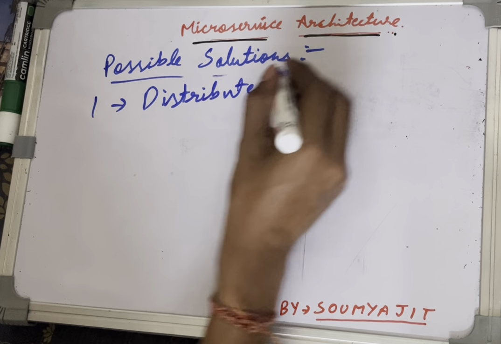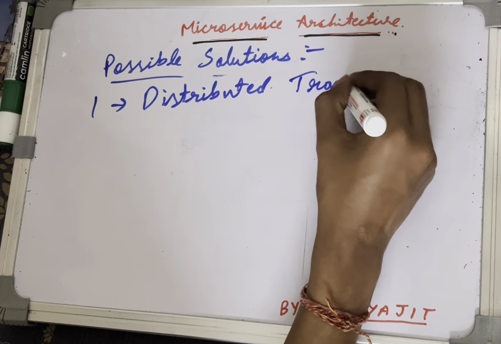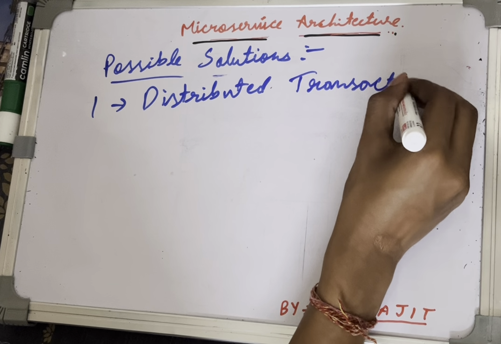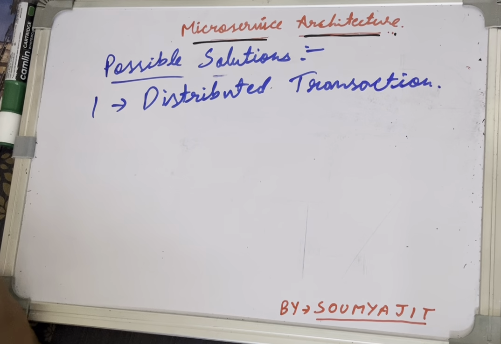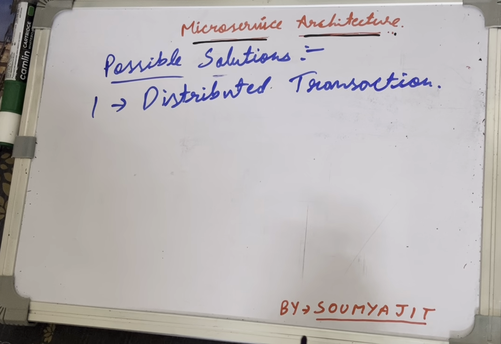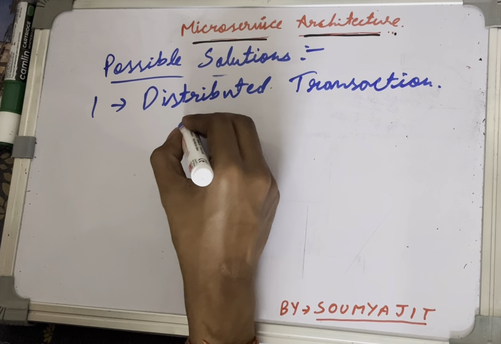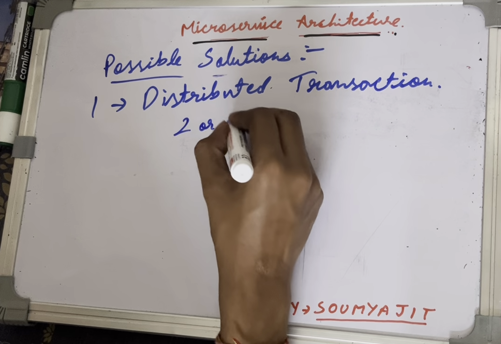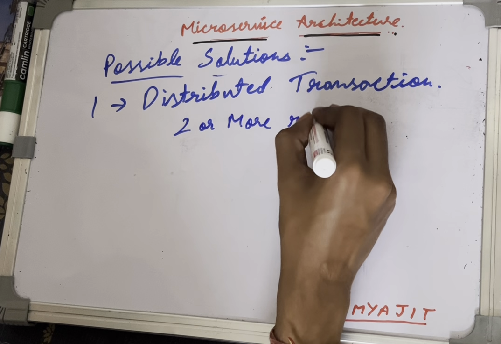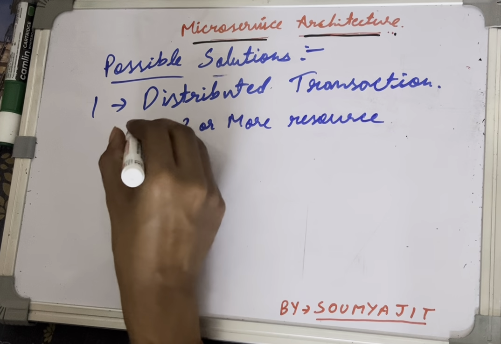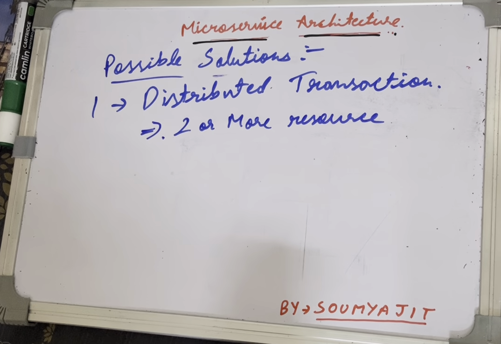Distributed transaction, right? So a distributed transaction basically executes on two or more resources, right?